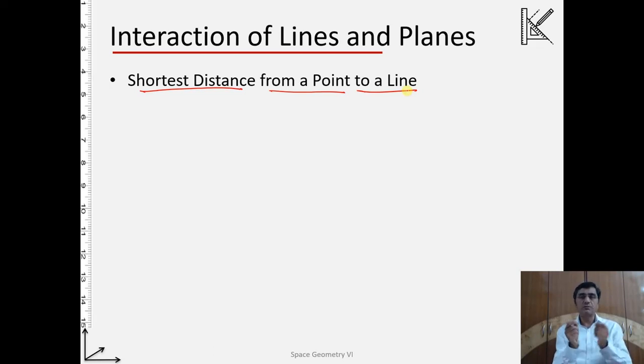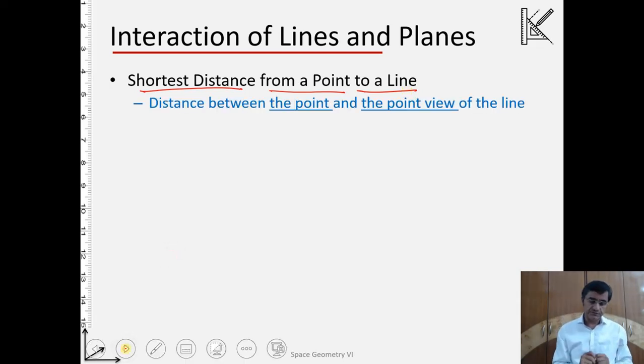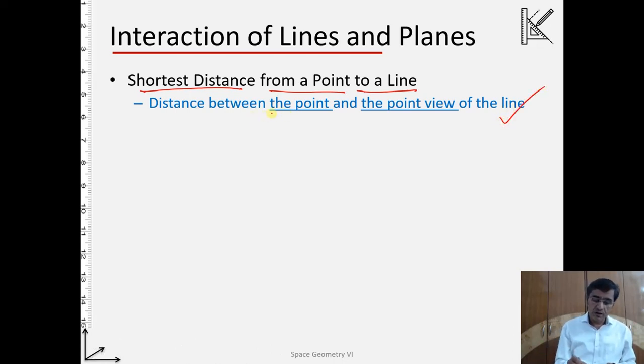I have to determine the shortest distance between these two. What is the shortest distance? It will follow this principle here. The shortest distance between a point and a line is the distance between the point and the point view of the line.